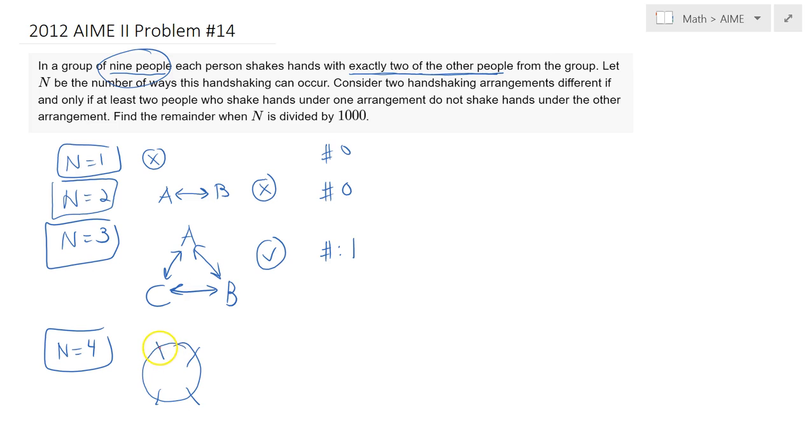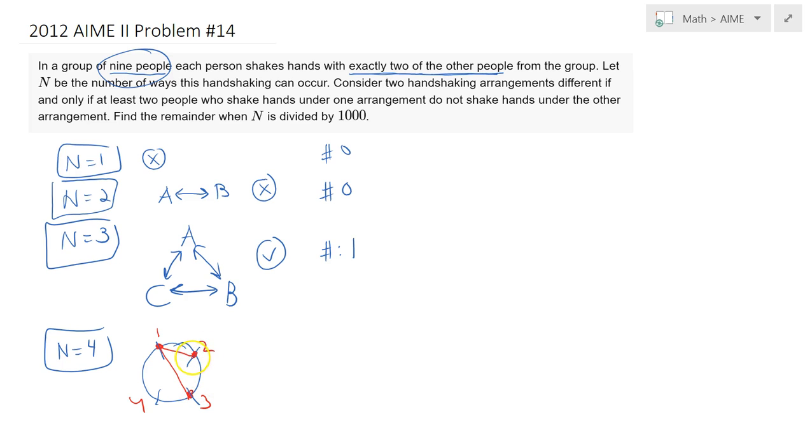Well, the handshake can occur like so. This guy is going to shake hands with this guy and this guy. This guy already shook hands with one person, so he needs to shake hands with one more person. If I label them 1, 2, 3, 4, can number 2 shake hands with number 3?